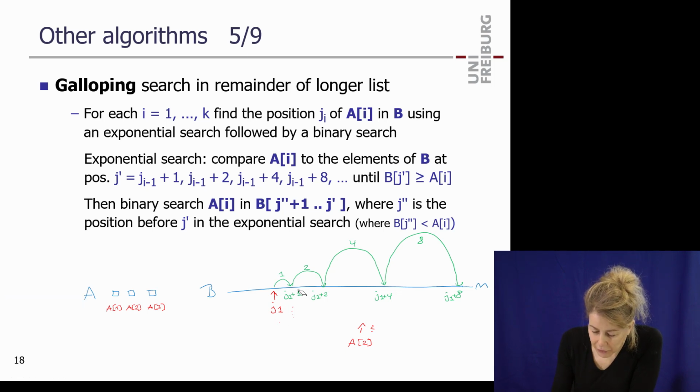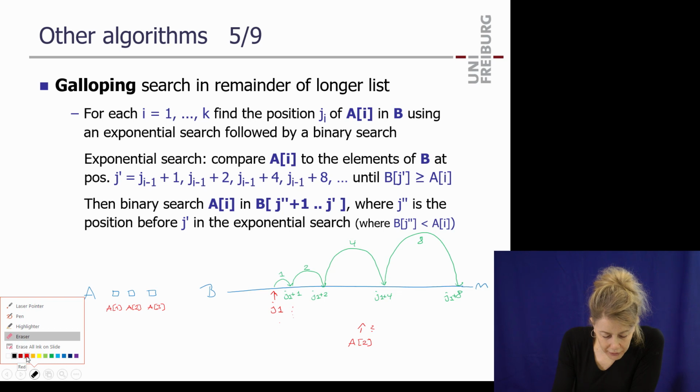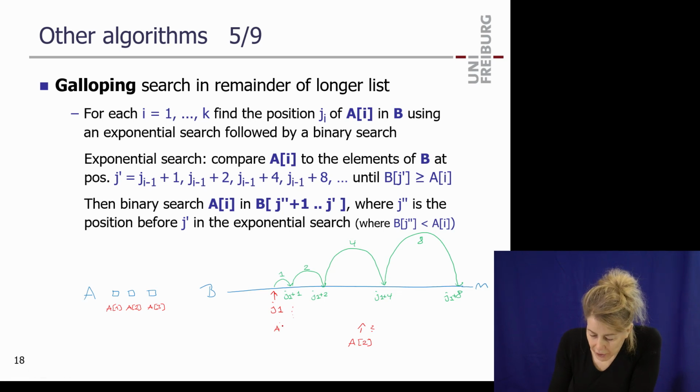So I'm comparing the element A2 and B at this first position, and let's say A2 is still smaller. And I'm trying to find the first position where it's actually larger. So here A2 is also smaller than B at position J1 plus 2. And it's also still smaller here.